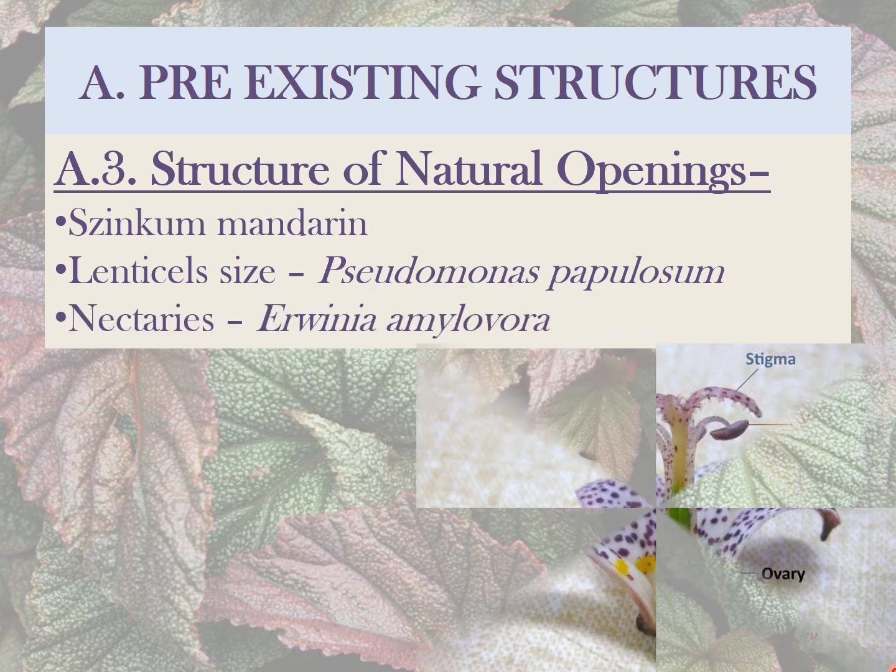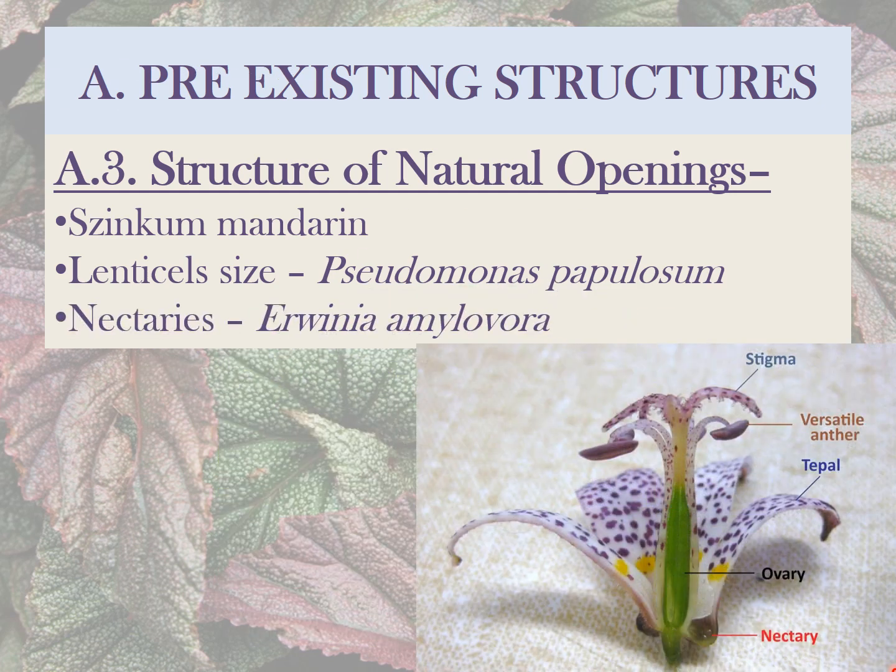Also the nectaries. Nectaries are the part of the plant on which the nectar gets deposited. You can see over here, this is the nectary. Now the nectaries have nectar in them which has high osmotic concentration. That also is one hindrance for the pathogen to enter.